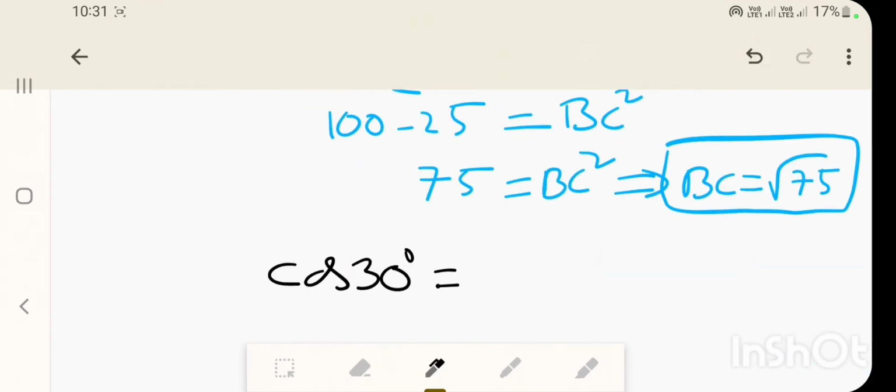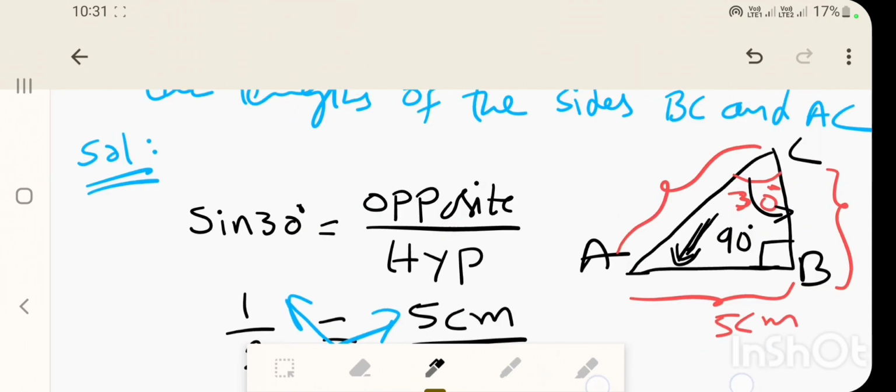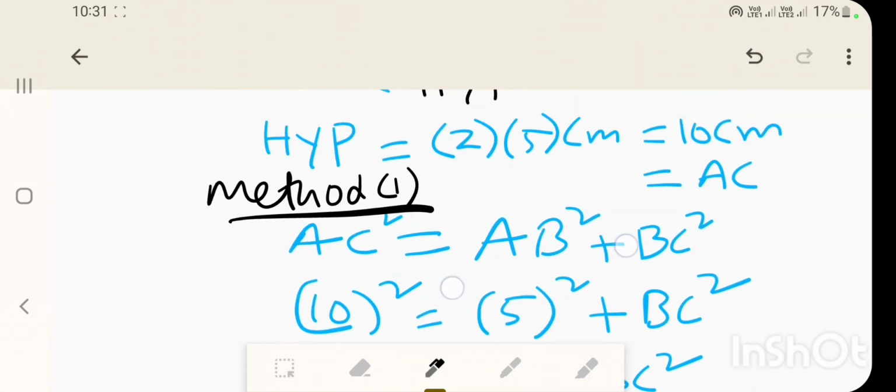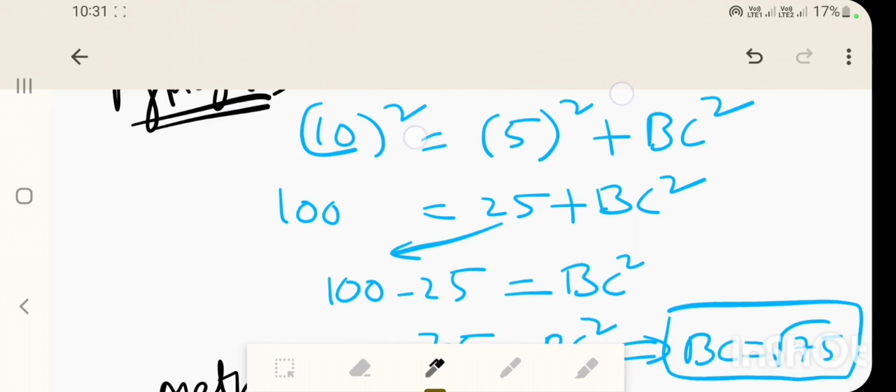So this is another method, method 2. Using Pythagoras theorem, which we have calculated, is method 1 to calculate the value of BC.